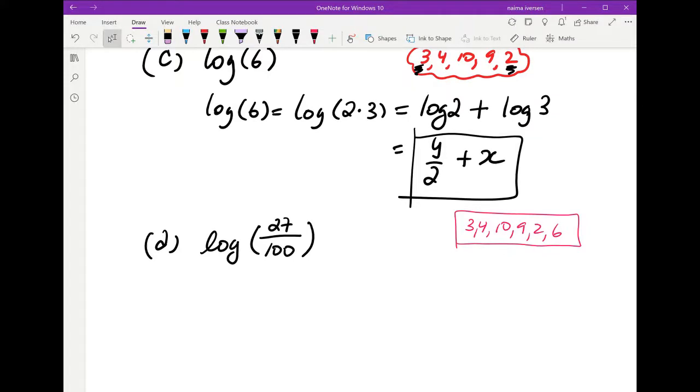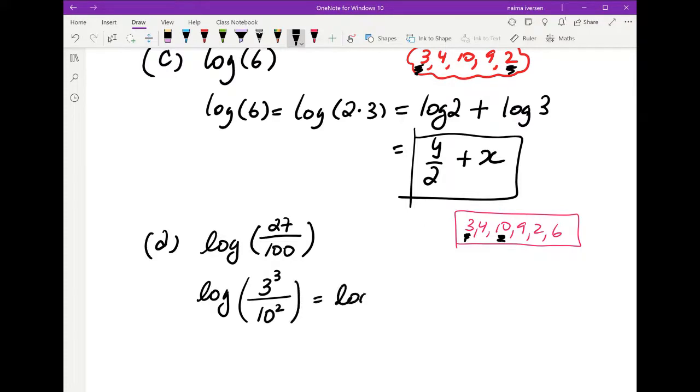Well, let me think. 27 is 3 times 9. We could do that. Or you could go 3 cubed. So this has to do with the 3's for sure. 100 doesn't really work with anything except for the 10. So let's deal with this logarithm, and I'm going to write these as powers of those base numbers. This is 3 cubed on the top, and 10 squared on the bottom.